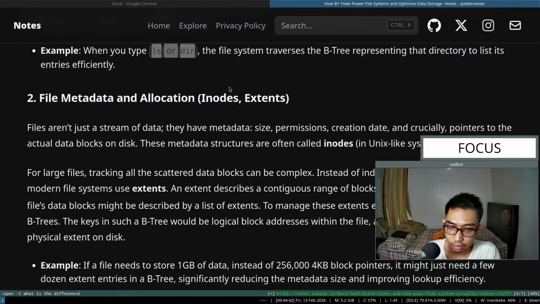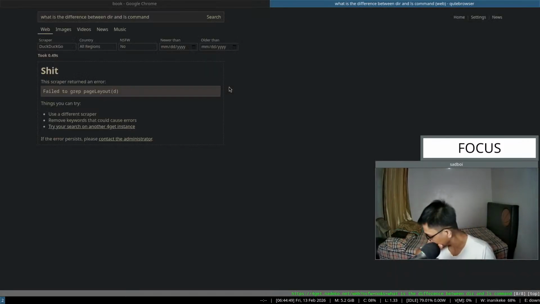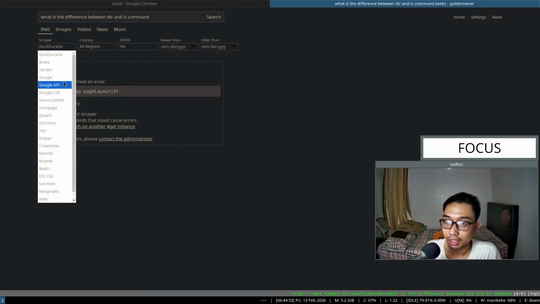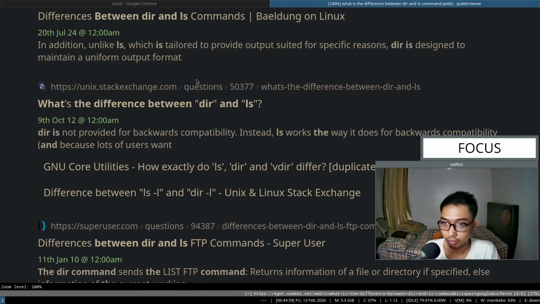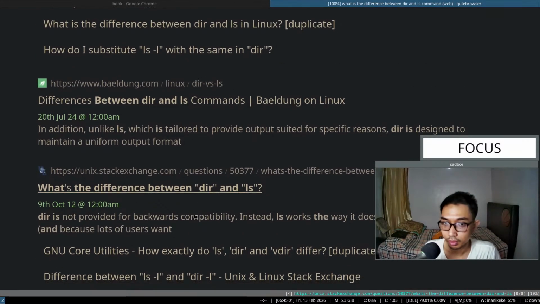The difference between the ls command. Let me check in here.